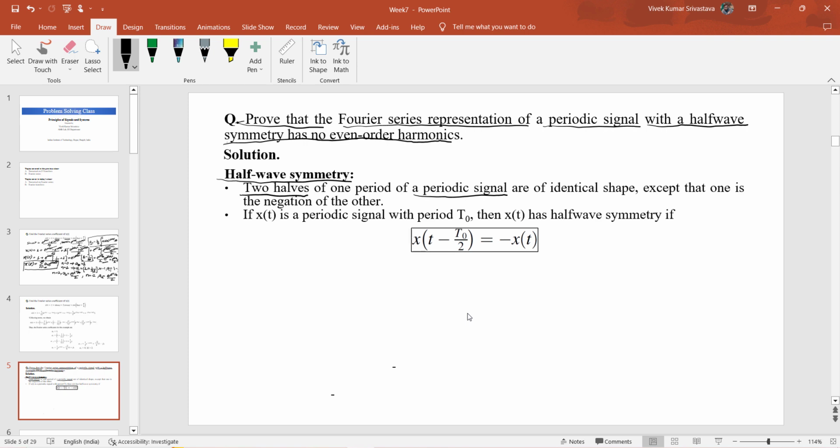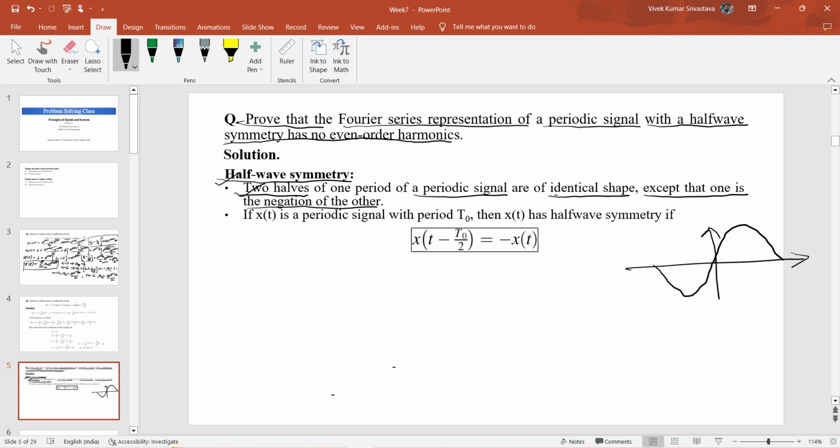If these two halves are identical in shape, and one half is the negation of the other, then we can say that the signal has half wave symmetry. For example, the sine signal.